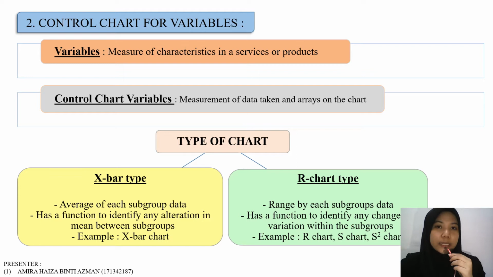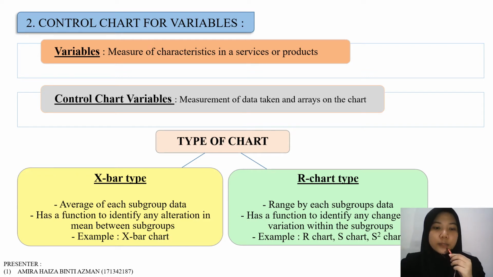Okay, the next slide will be the control chart for variables. Basically, what is a variable and what is a control chart for variables? A variable is a measure of a characteristic in a service or product, while the control chart for variables is the measurement data taken and plotted on the chart. Basically, there are two types of chart, which are the X bar type and the R chart type.